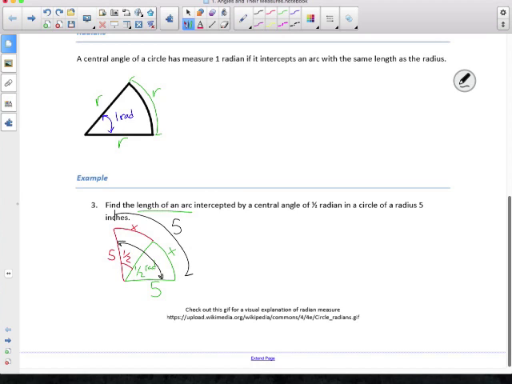So in this case, 5. So my little red x plus my little green x has to equal 5. So 2 x's has to equal 5, so x is going to equal 5 over 2, or 2.5 inches. Okay? So the length of the arc that intercepts this particular half radian angle is 2.5 inches. Fascinating, right?